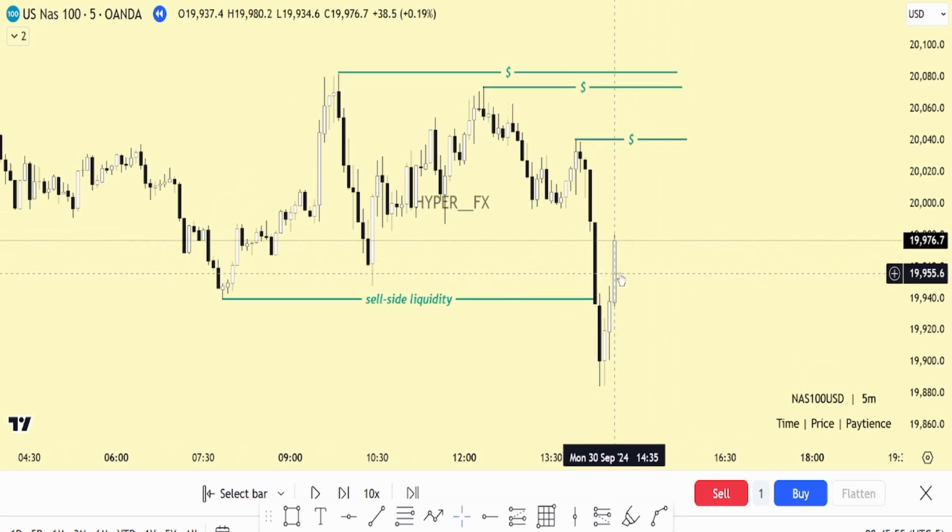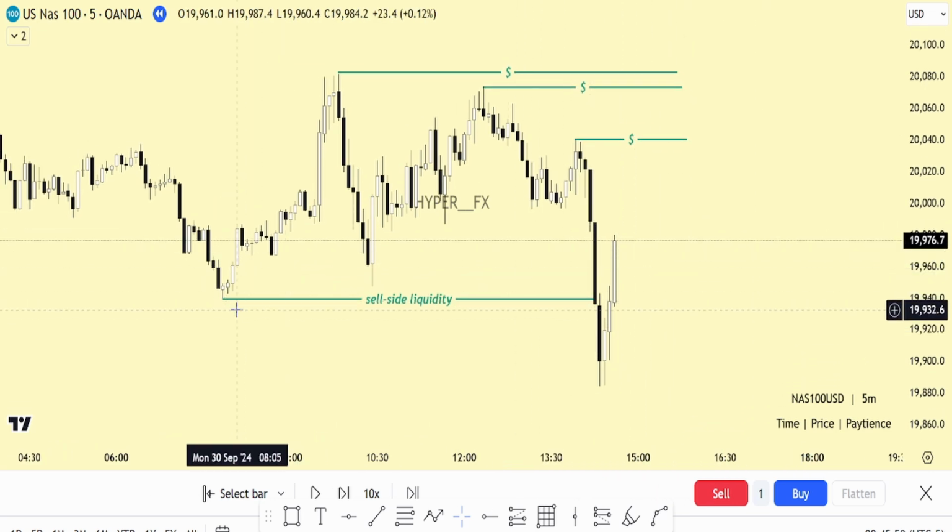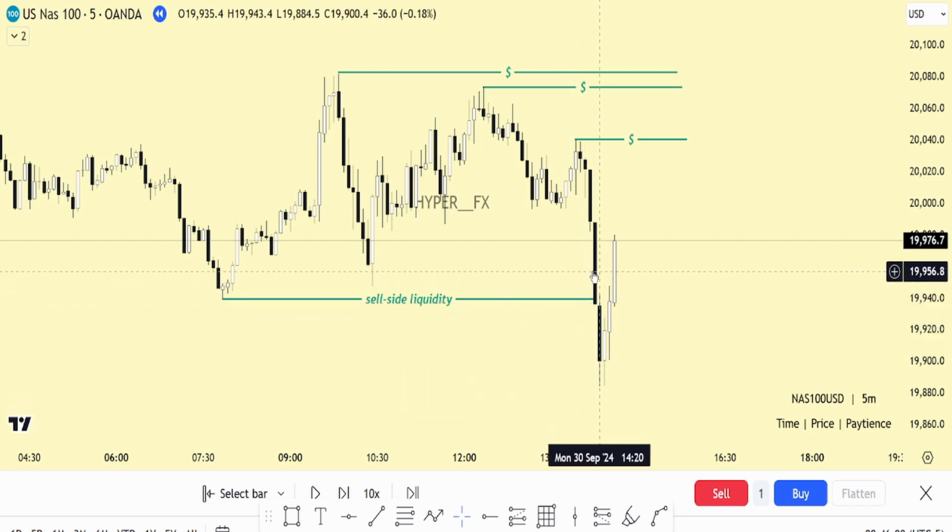So now price has taken out this low here and given us a fair value gap. Remember what I told you about fair value gaps.